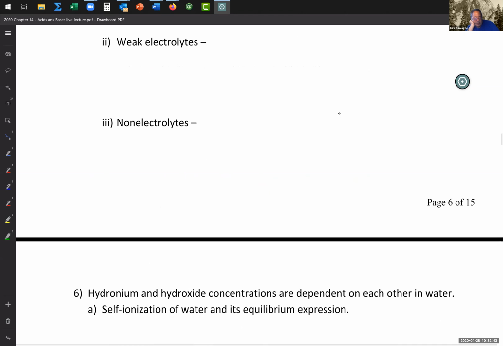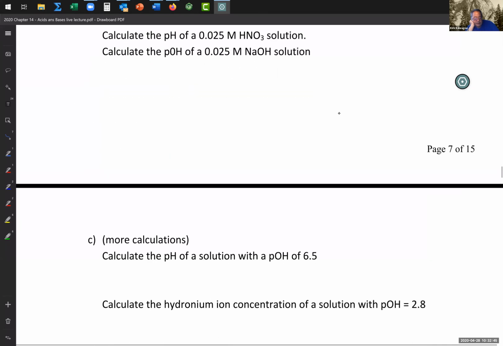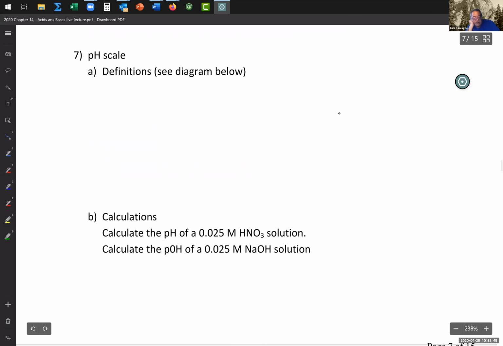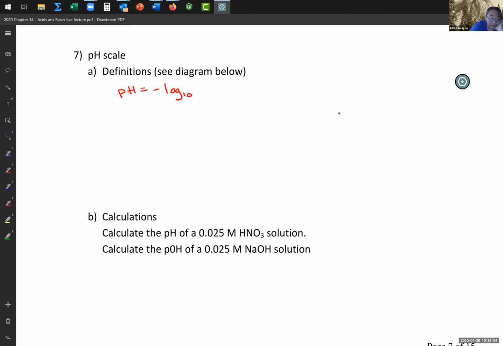I'm going to skip all this stuff. And I want to show you a couple of calculations. There's something called the pH scale. And when you calculate the pH, it's the negative log, a base 10 log. I'm not going to write the 10 down there every time. But it's a base 10 log of the hydronium ion concentration.